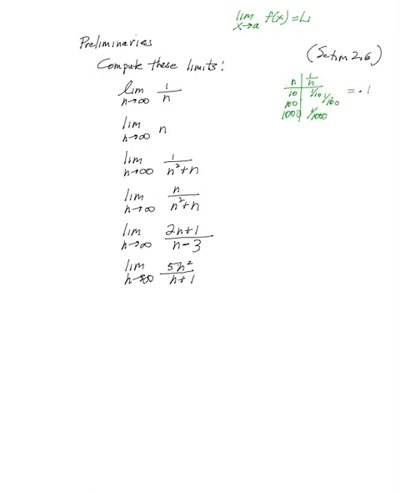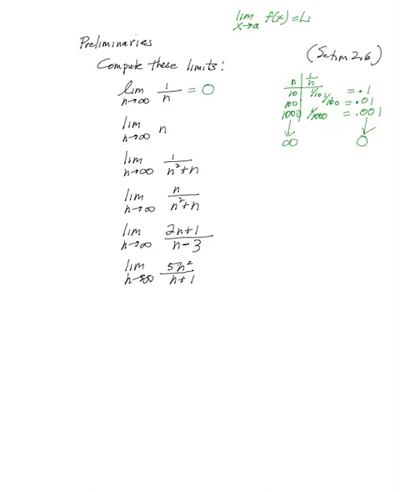In other words, 0.1, 0.01, 0.001. So what do you think the limit as n approaches infinity of 1 over n is? When n gets larger and larger and larger, increases without bound, what's 1 over n doing? It's approaching 0, isn't it?